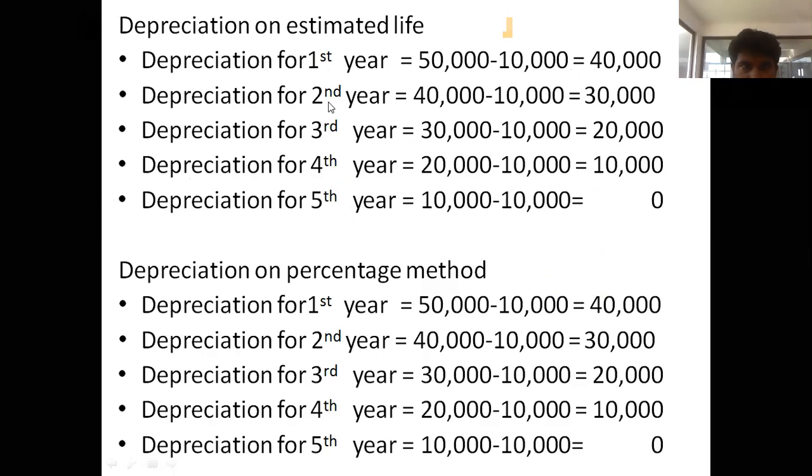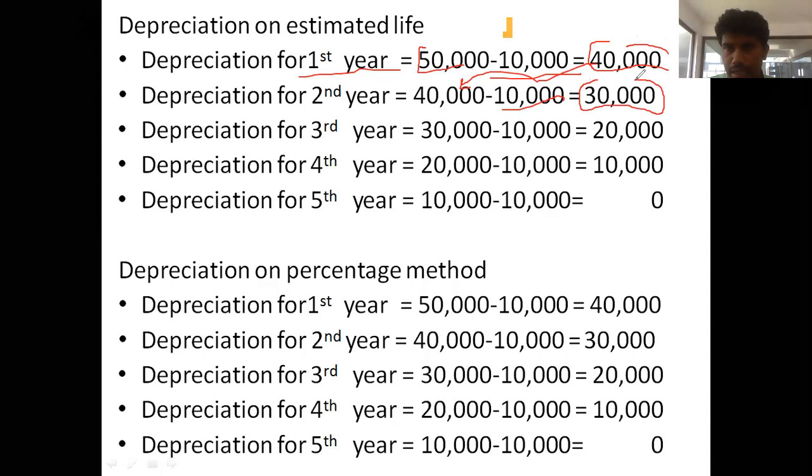Similarly, depreciation for the first year: we purchased at 50,000 minus 10,000 gives the first year depreciation. If you want to sell this product after 1 year, it is worth 40,000. For the second year, this same amount comes here, 40,000 minus 10,000, so after the second year the amount is 30,000.